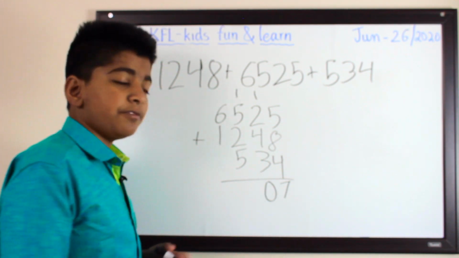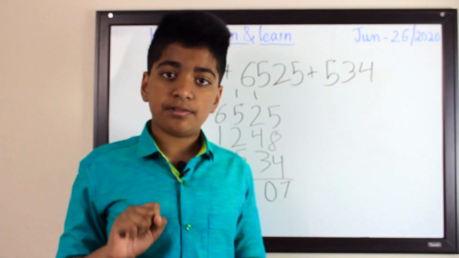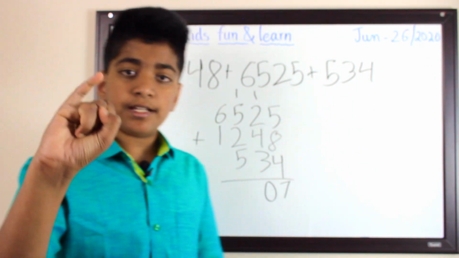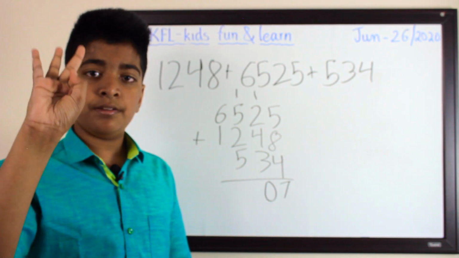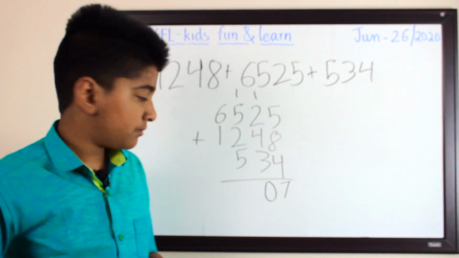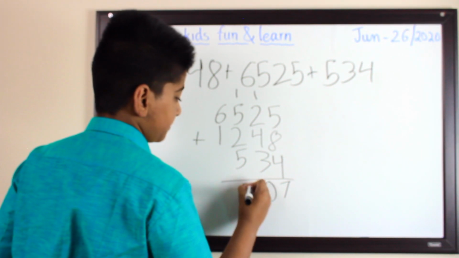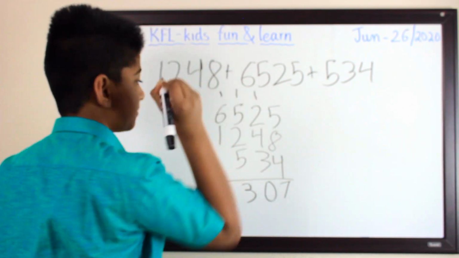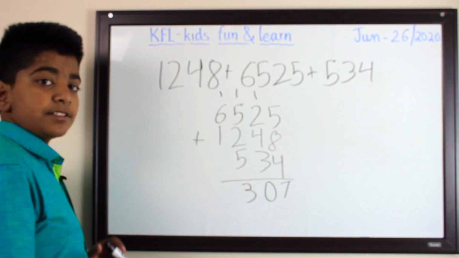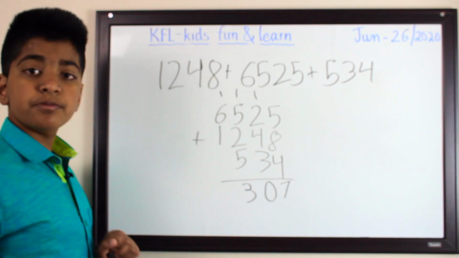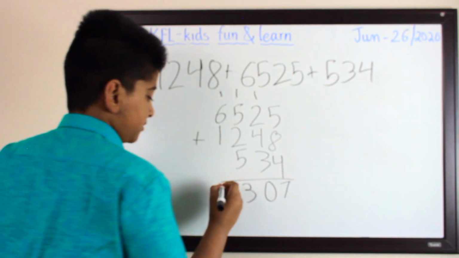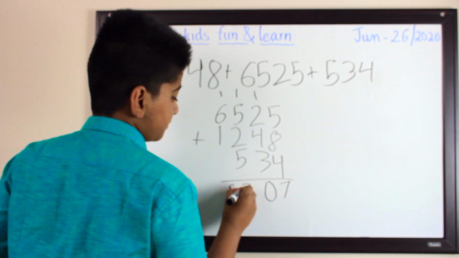And 8 plus 5, well, we can use our fingers. Okay, 8, 9, 10, 11, 12, 13. So we write 13 down here. 3 and put the 1 up. 1 plus 6 is 7. And 7 plus 1, we all know that's 8. So we put an 8 down here.